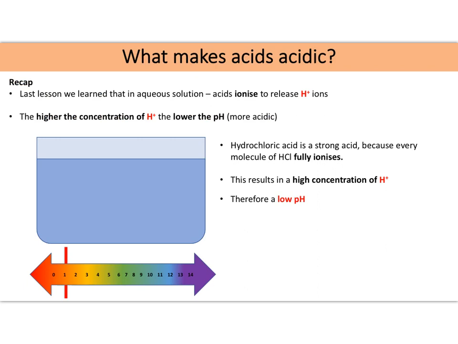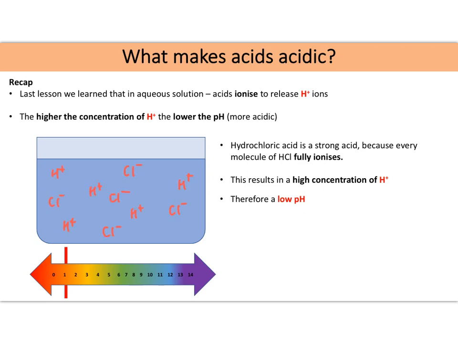So when we were considering acids right at the beginning, and we realised that what made an acid was the presence of hydrogen, which then became H plus ions, we were talking about those substances that we were looking at, like hydrochloric acid, as fully ionizing. So what that meant was that every molecule of HCl became H plus and Cl minus when it dissolved in water.